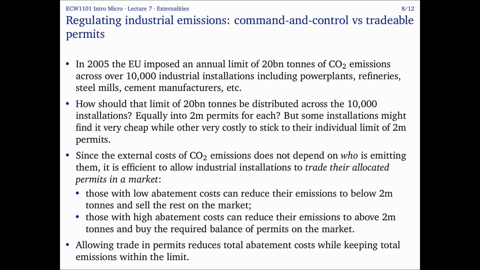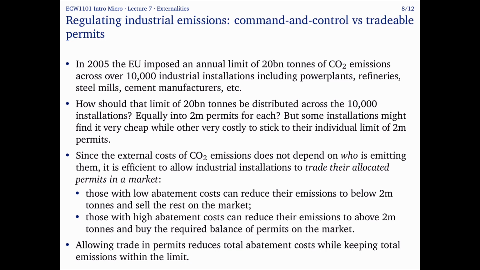Vice versa, the guys who find it difficult to reduce emissions, to meet the 2 million tons of CO2 limit, yeah, they only have 2 million permits, but it would be better if they could emit 3 million. What do they do? They go and buy it from those guys that don't need 2 million. They only need 1 million.